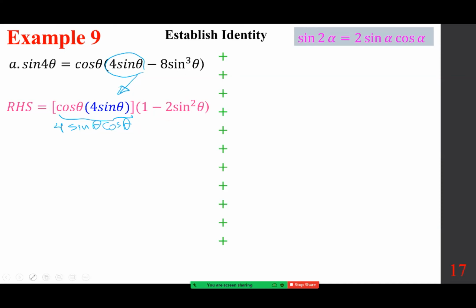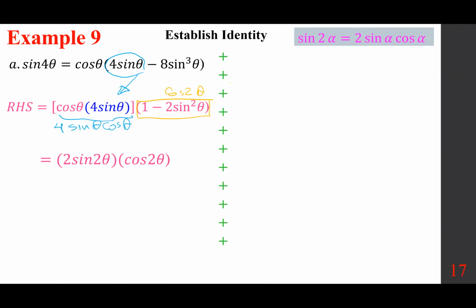So the first one is 2 sine 2 theta, and the second one is cosine 2 theta. So what you really are looking at is, let's just write it here, without the parentheses, 2 sine 2 theta cosine 2 theta.